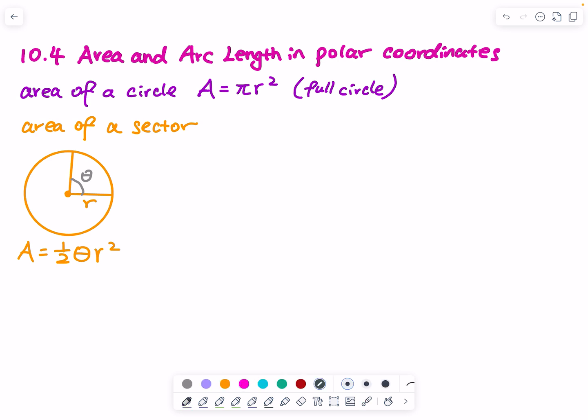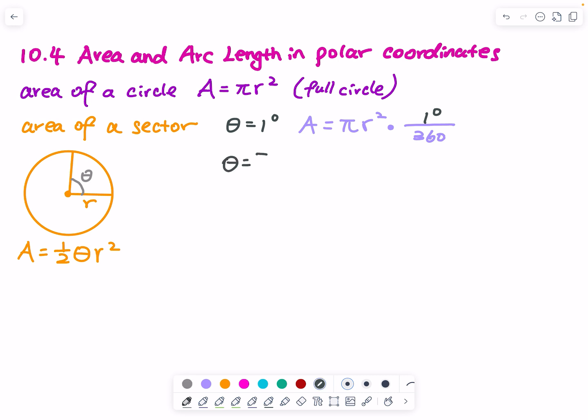Here is how. Let's say theta equals 1 degree. This 1 degree refers to 1 degree out of the entire circle, which is 360 degrees. The area of a full circle is pi r squared, but we are looking for 1 degree out of 360 degrees.